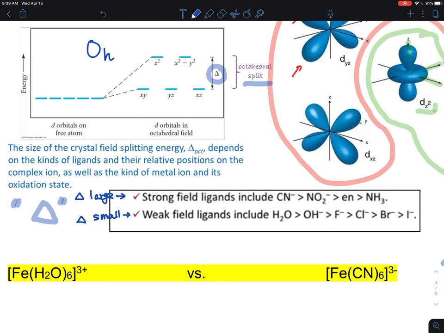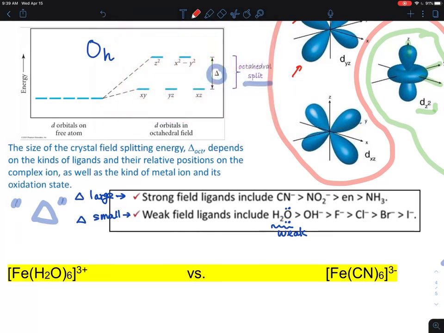Probably the weakest one is H2O. It is neutral, and the oxygen has lone pair electrons right there, but it is very weak. This notation is confusing in the lecture notes. This is the weakest, the least effective, but it can still form the coordination.